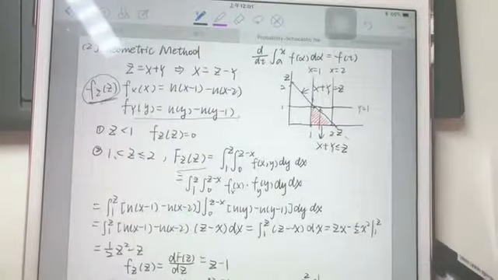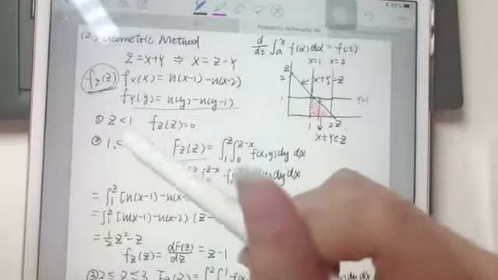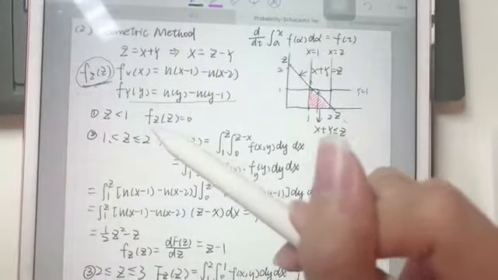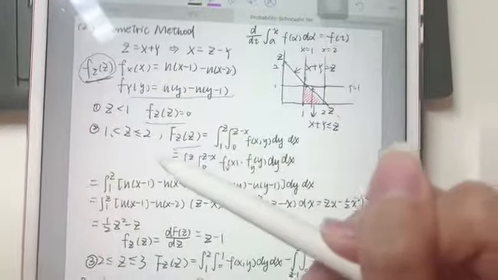Now let's begin. When z is less than 1, the little PDF is 0.